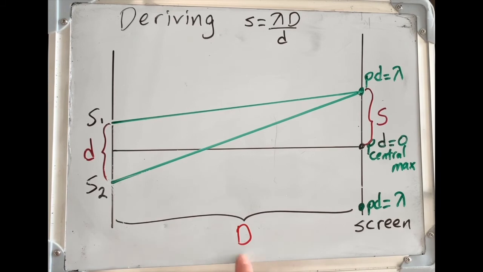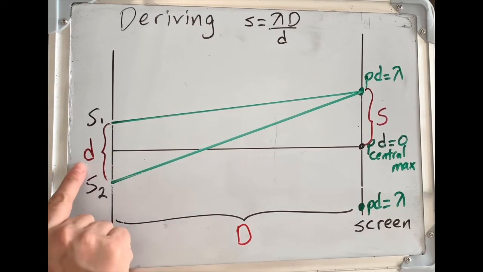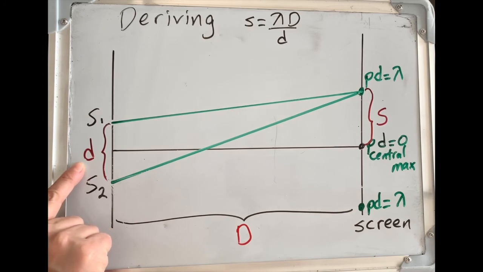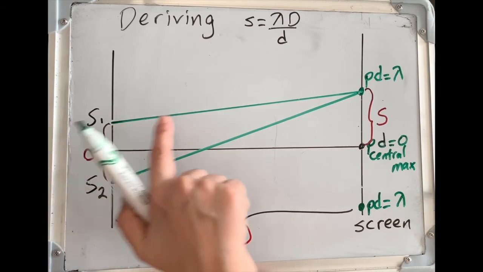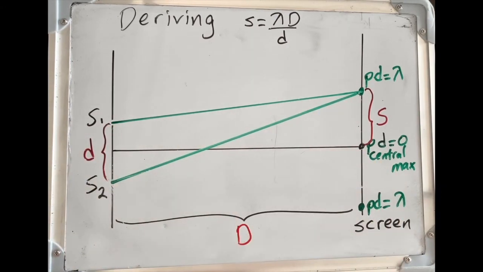Since the distance capital D is very large compared to small d, we can assume this is a very small angle, and due to the small angle approximation, they are almost parallel. So we're going to assume that they are parallel.